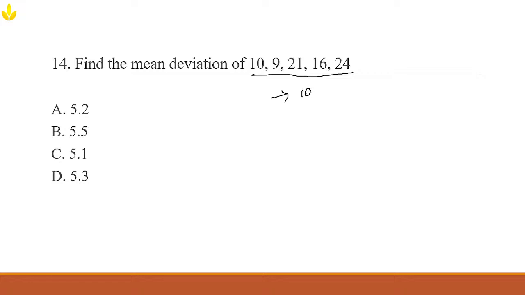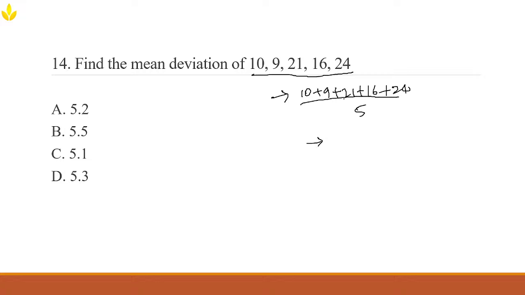So that gives you 10 plus 9 plus 21 plus 16 plus 24 divided by the total number of values. That is nothing but 5.